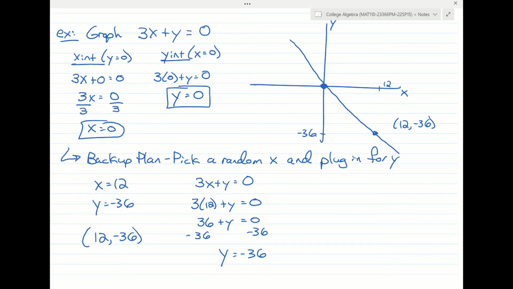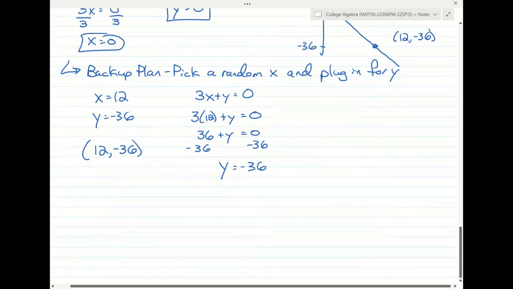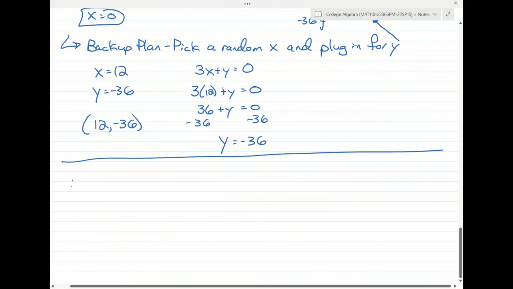Speaking of unique looking lines, if you have it equal to 0, that's a little bit of a different case. Sometimes you wind up with a horizontal line or a vertical line. All horizontal lines can be written y equals the number.